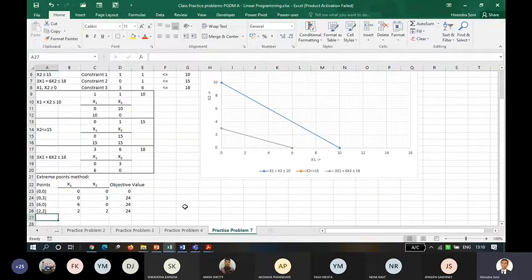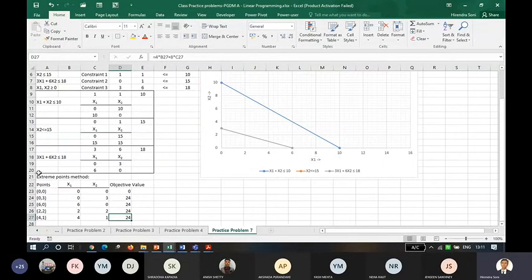Let us look at one more, 4, 1. I've got 24 again. So that says even this point is a maximum value. That means any point on this line will give me a maximum value. So in this particular case, you have multiple optimal solutions.